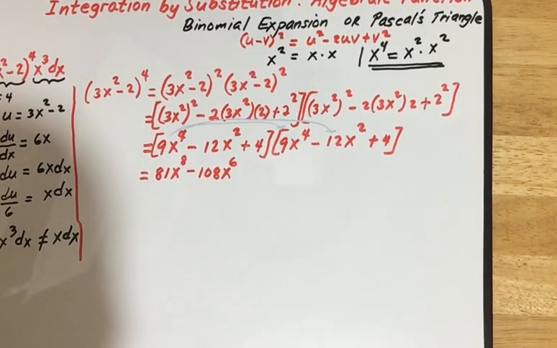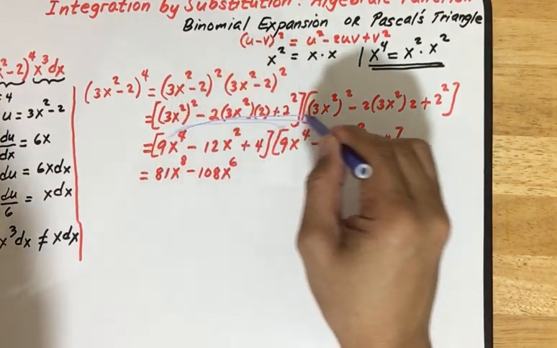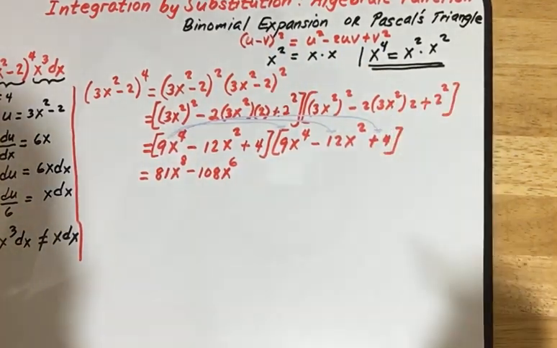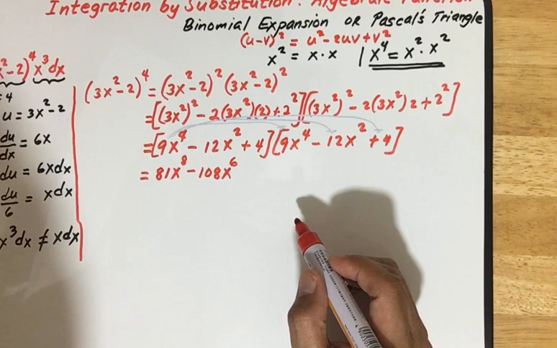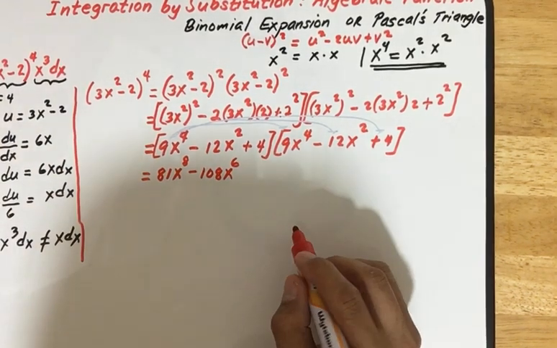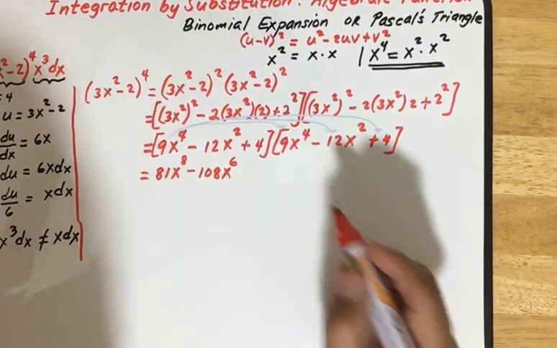Then next we have to multiply this one. So this will be 9x to the fourth times 4, so that will be 36.